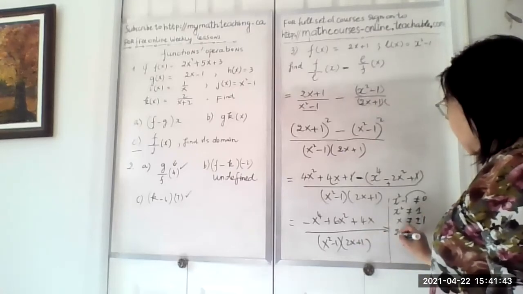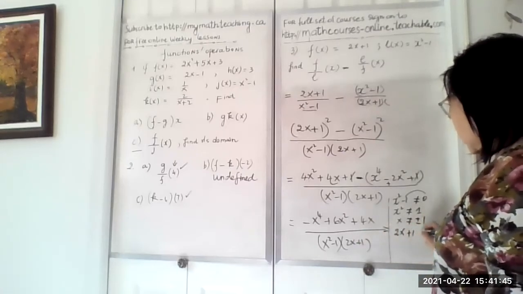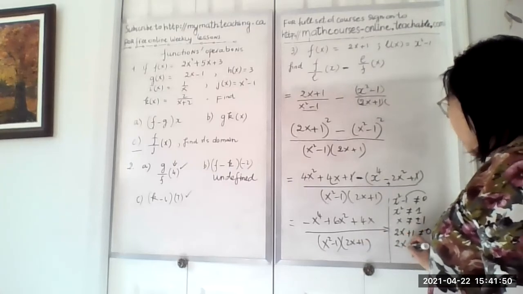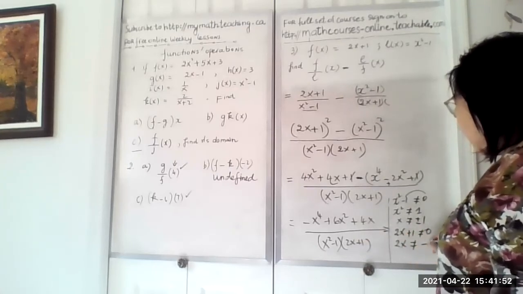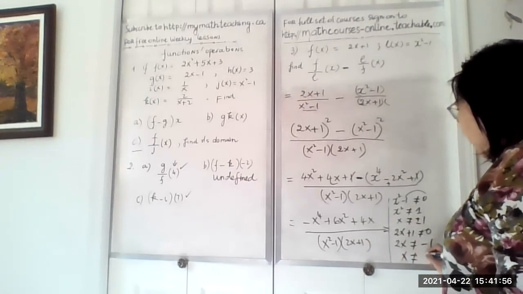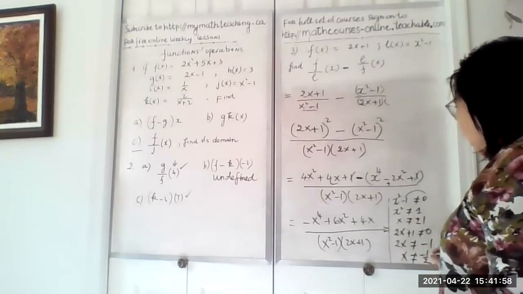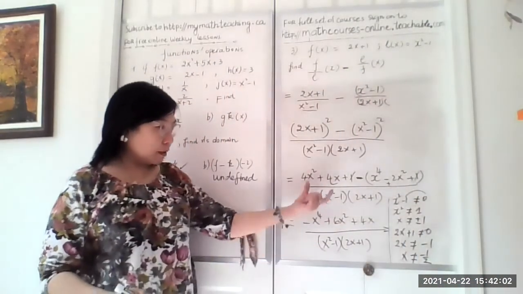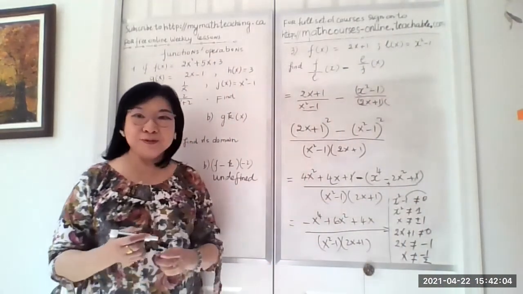The second bracket, 2x plus 1, cannot be 0. So 2x cannot be minus 1, and dividing both sides by 2, x cannot be minus 1/2. So this is about the domain of the results after we find them.